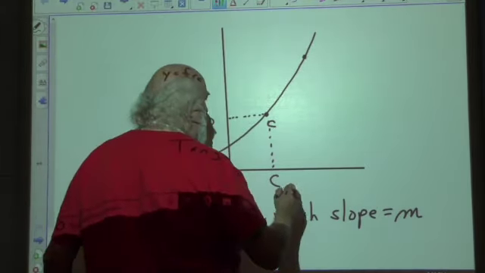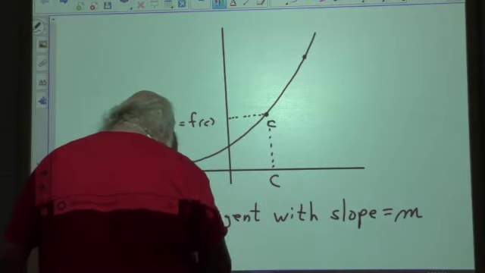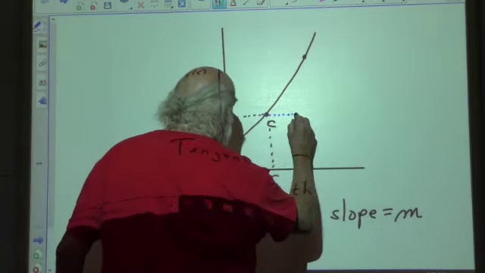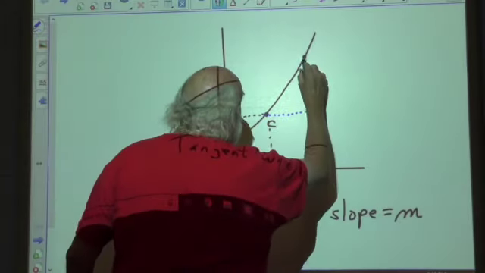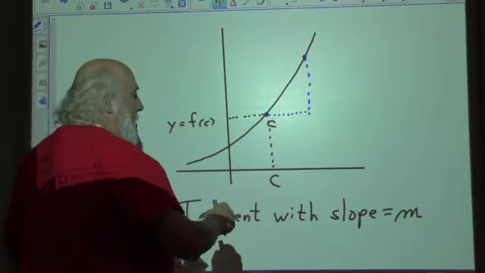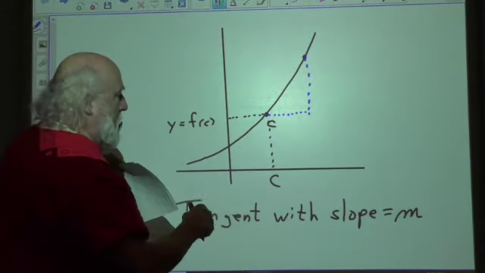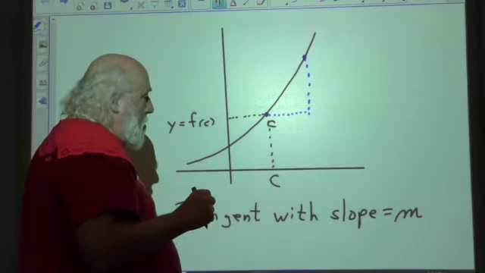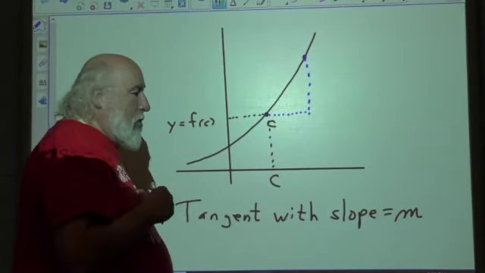So let's suppose that we go over a certain amount of distance forward on the x-axis to the point where we now have a second point that is slightly away from the original point.